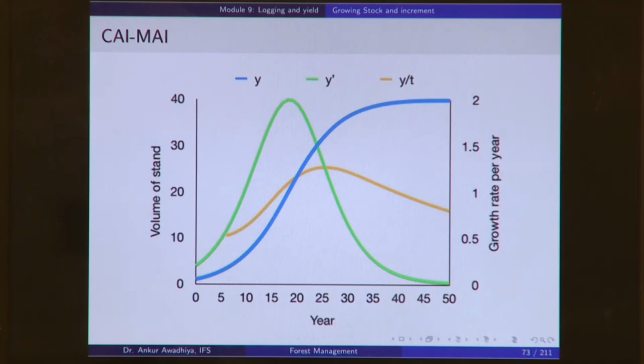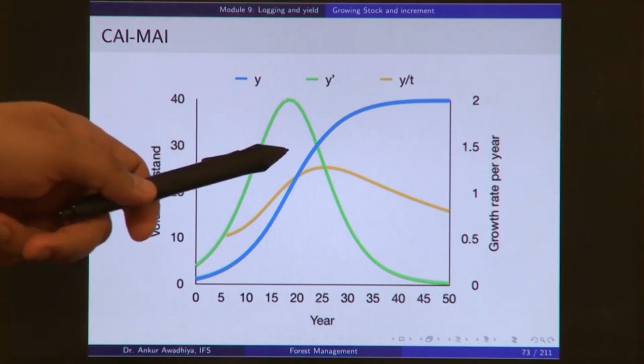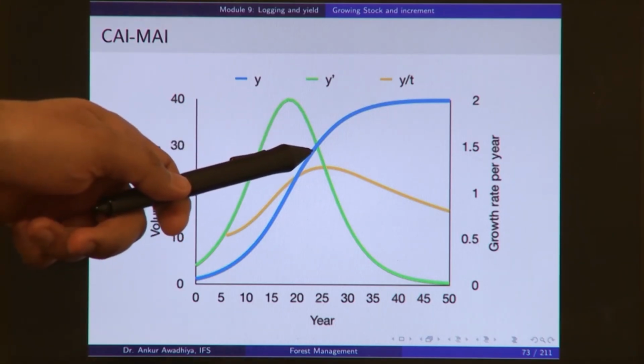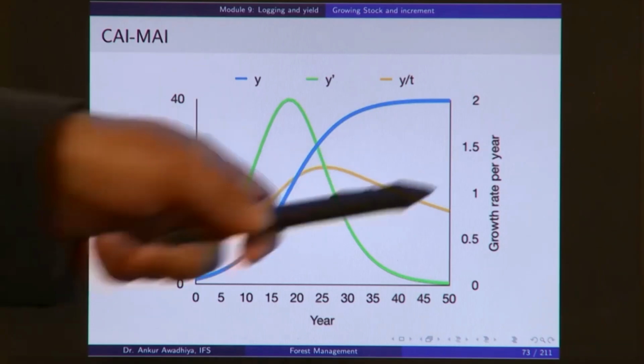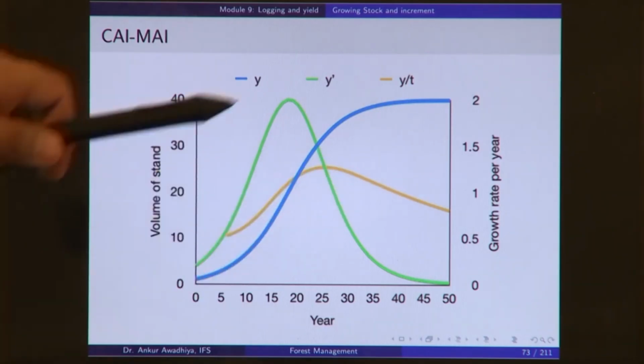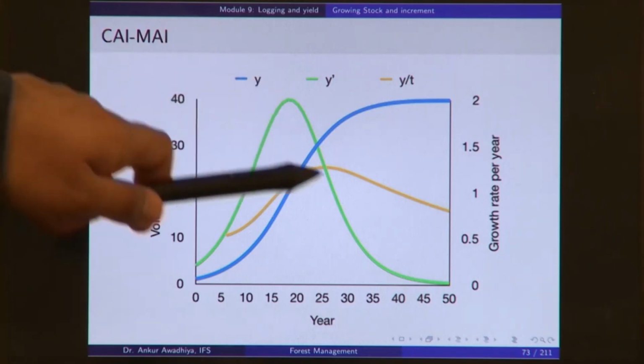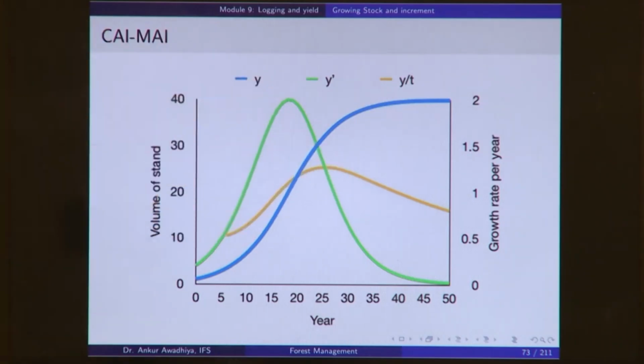So, with every passing year you are adding less to the growing stock as compared to what you were adding earlier, but the denominator, which is the number of years, is going on increasing. So, the MAI will reach a maximum, and after this point it will start to decrease. The point where the CAI and the MAI curves cut each other is the point where you have the maximum MAI.